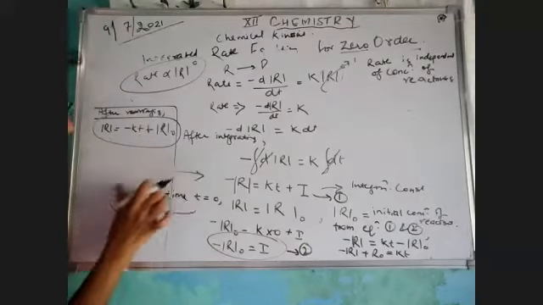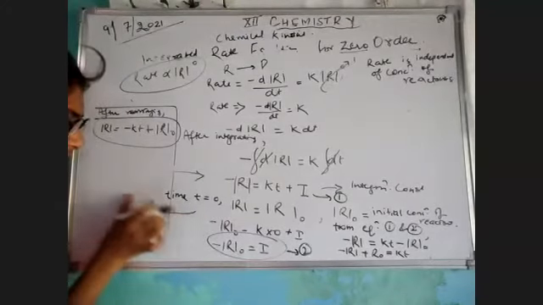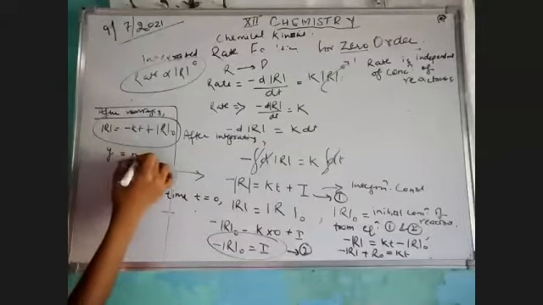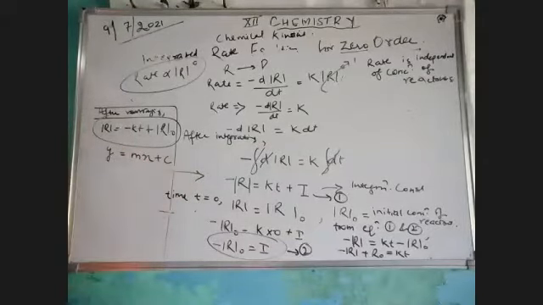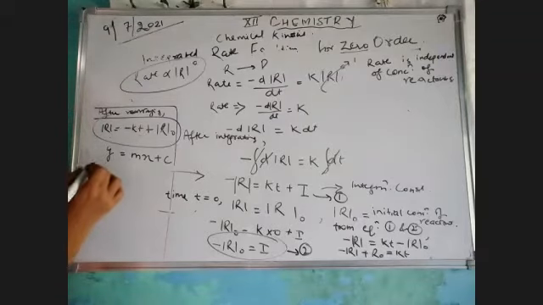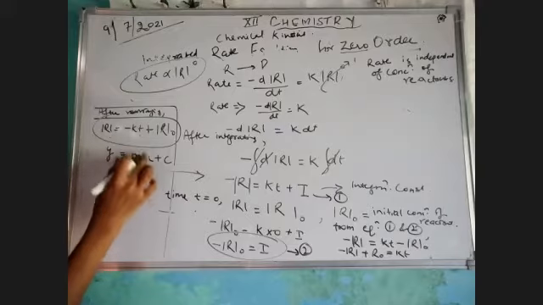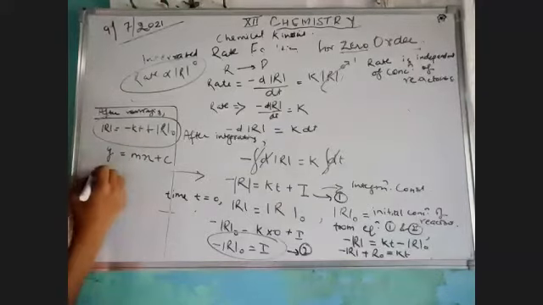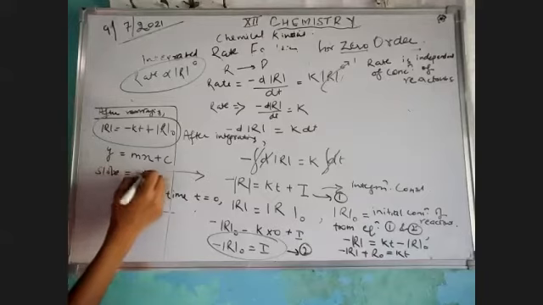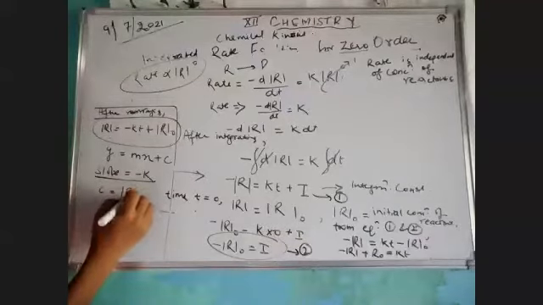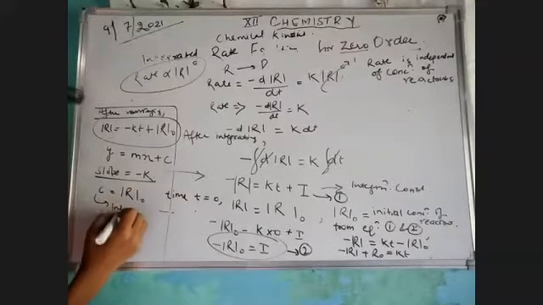Okay, but now we have to make it in the form of a straight line. So we will compare our equation with y equals to mx plus c. If we compare our equation with the straight line y equals to mx plus c, that means at the y ordinate there would be r, and at the x ordinate there would be t, and my slope is minus k. That means it is negative. And c is something which is known as r naught, which is known as the intercept.